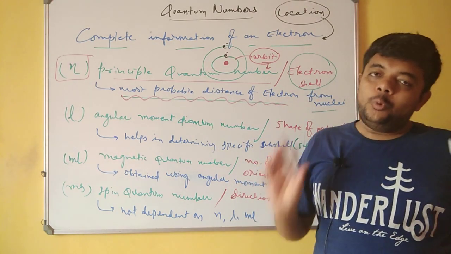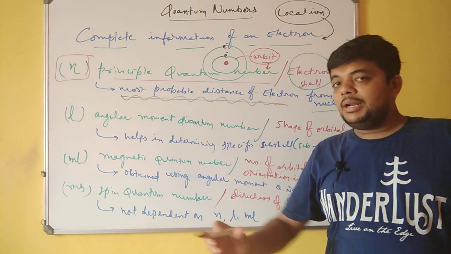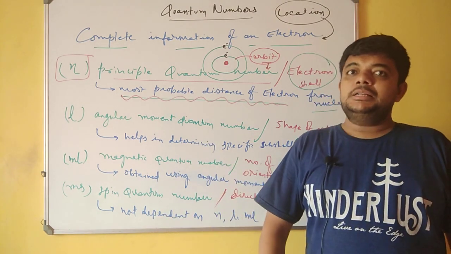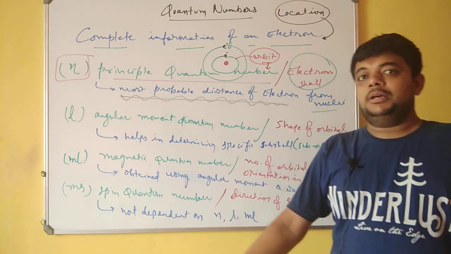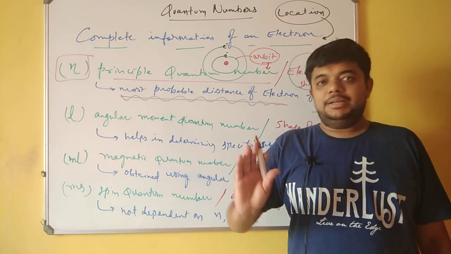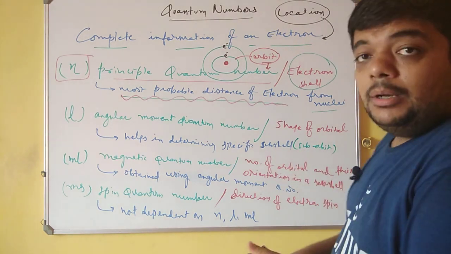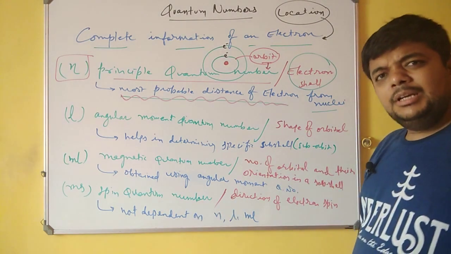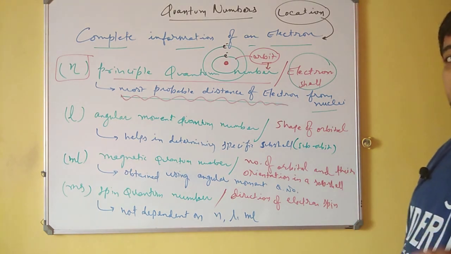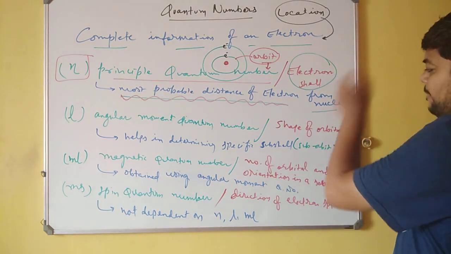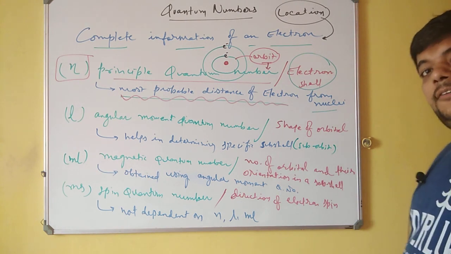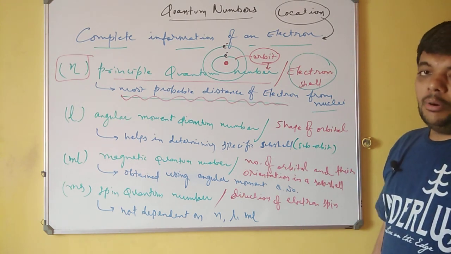Henceforth we can correlate the principal quantum number as N, and for our understanding and for appearing in competitive exams, orbit as N. Moving towards L, it is the angular momentum quantum number. Generally it is said that the shape of the orbitals is defined by the angular momentum quantum number.